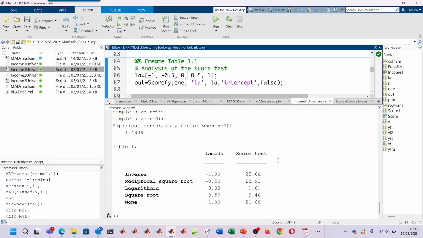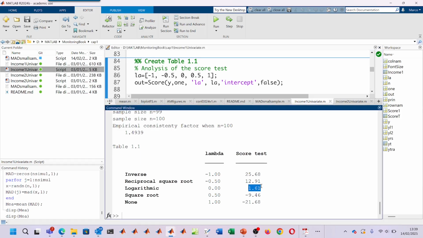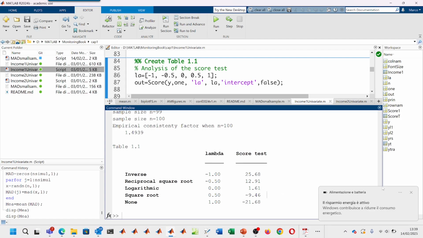This approximately normally distributed statistic will have a value close to 0 if the correct transformation has been found, and will have large values away from the correct transformation, which is indeed what we see in table 1.1. You can see, in fact, that the log transformation is the only one which has values in the interval minus 2 and 2. Further details of response transformation in regression are in chapter 6 of the book.